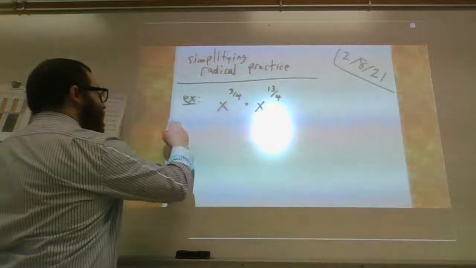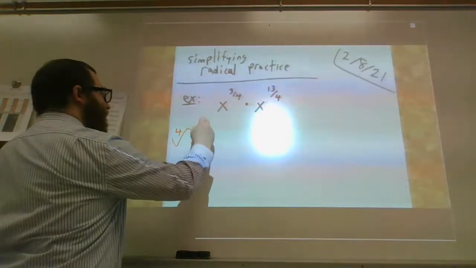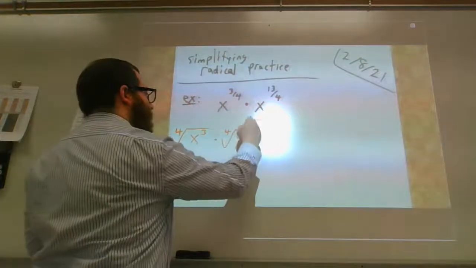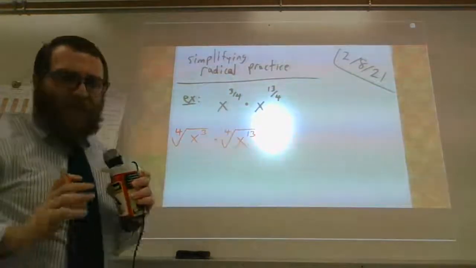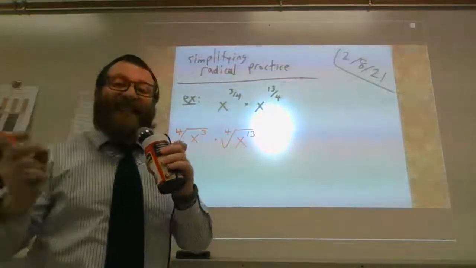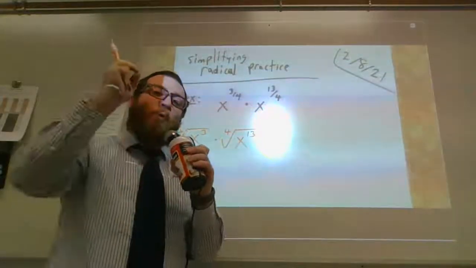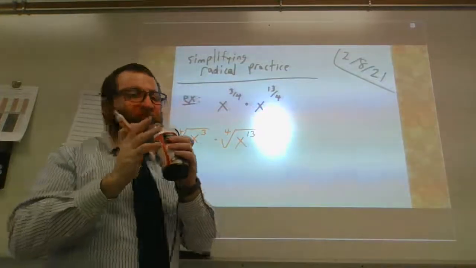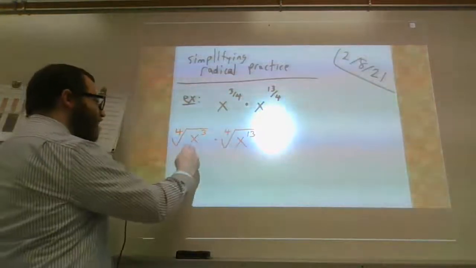You could convert the problem to radical form because, well, they're both a fourth root. And since they're both fourth roots, I could put them together into a singular fourth root.